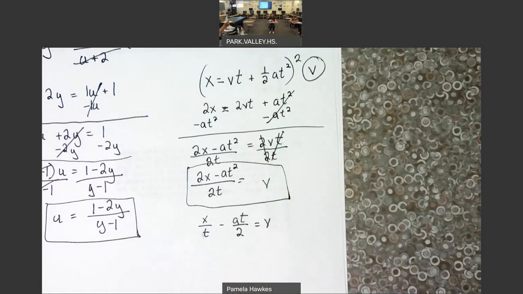If you take this part of it, I canceled out the 2, so I get the x and the t. And then I take this part of it, and I cancel out a t on both of them. That's what gave me that one. Okay? Does that make sense? Anybody totally confused on that problem? Park Valley, you can't see this, but if you have a question, let me know.